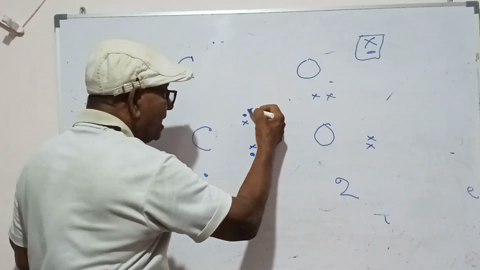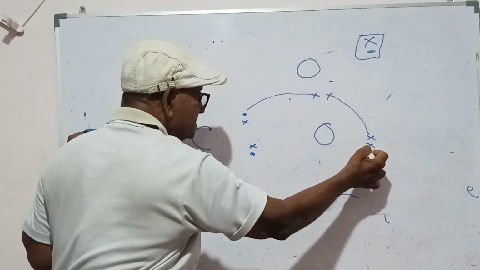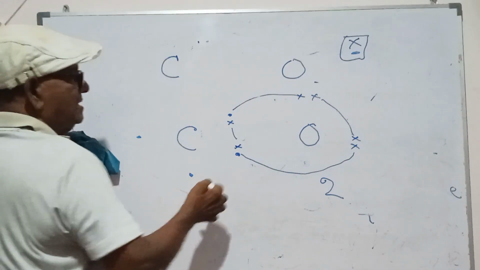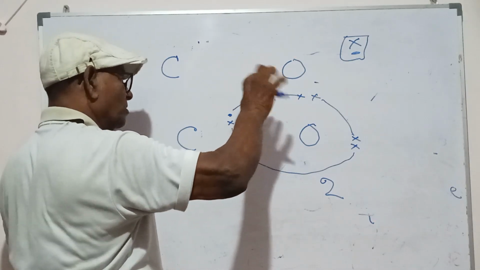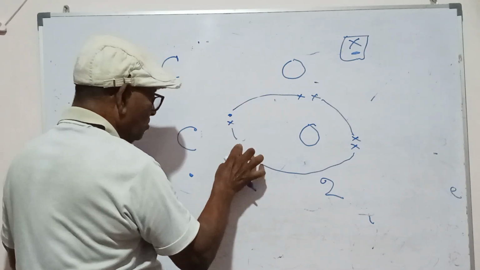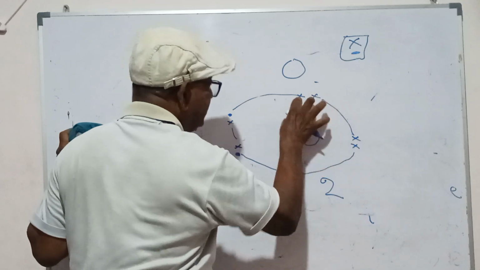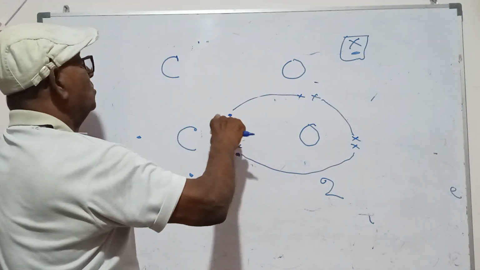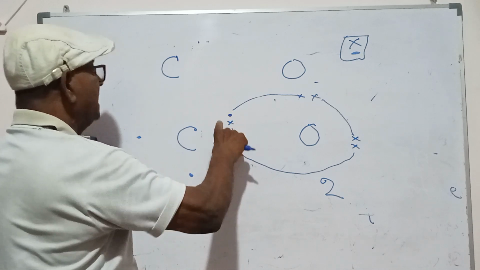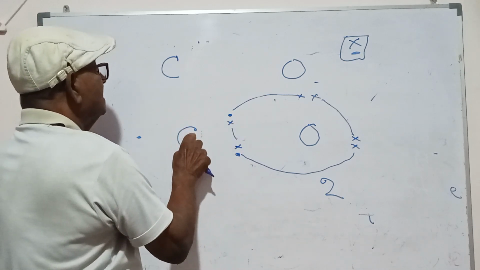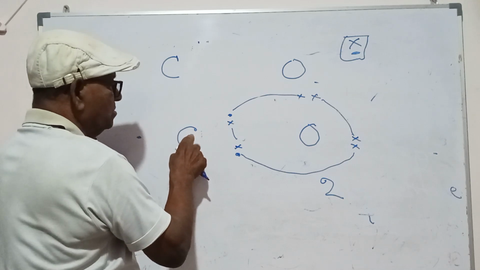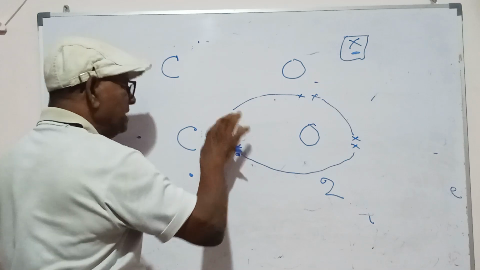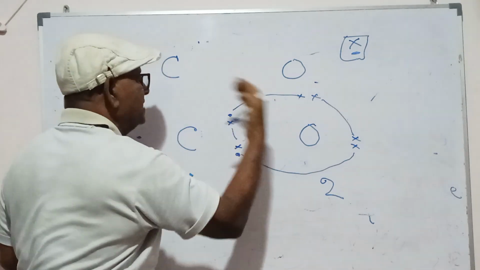Then the oxygen outermost energy level becomes 8. Oxygen was having 1, 2, 3, 4, 5, 6. After the formation of two covalent bonds, two shares with carbon, now these two shares belong to carbon as well as oxygen.